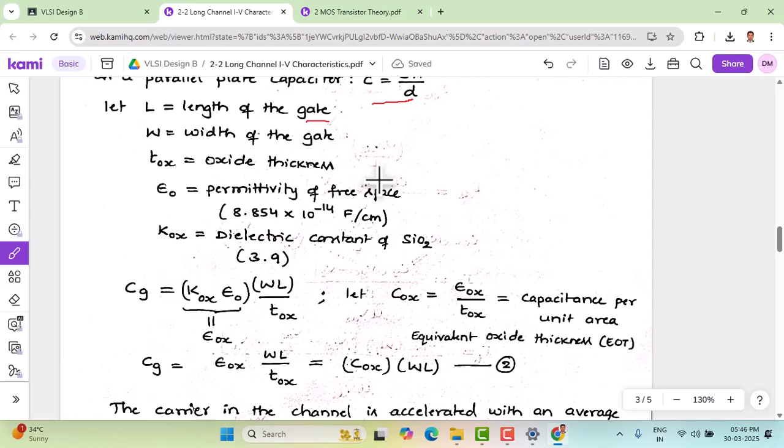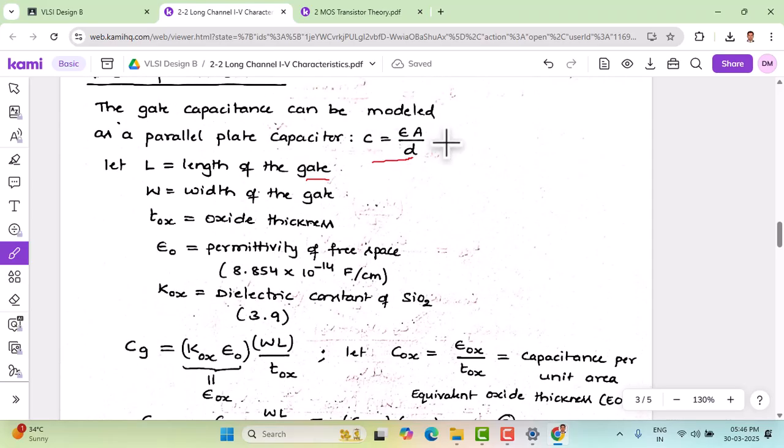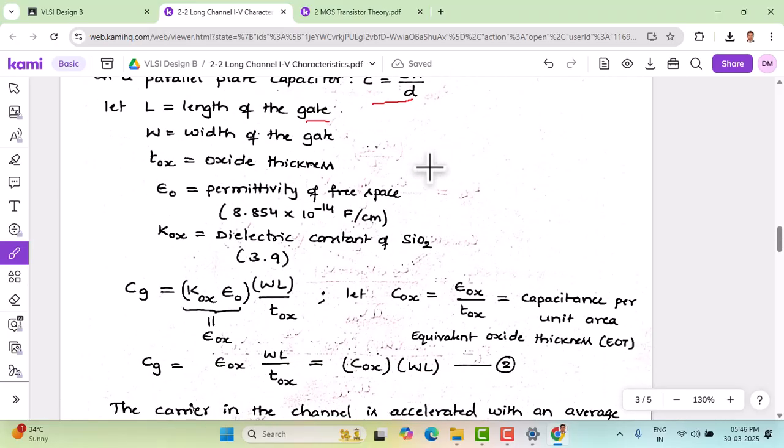With the help of the standard equation C equals epsilon A by D, let us apply it to the MOSFET. The gate capacitance Cg equals KOX, the silicon dioxide dielectric constant 3.9, times epsilon naught, the permittivity of free space, times W by L by TOX. This resembles epsilon times A by D, which is how the parallel plate capacitor equation appears.